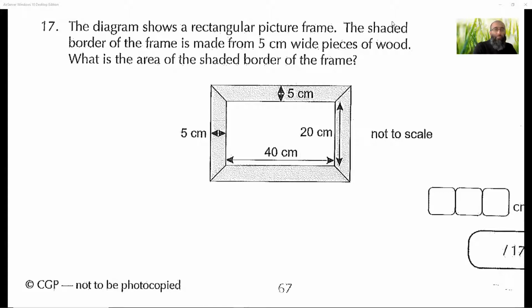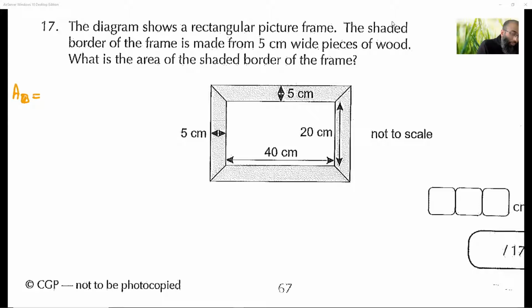Question number 17. The diagram shows a rectangular picture frame. The shaded border of the frame is made from 5 centimeter wide pieces of wood. What is the area of the shaded border of the frame? Lovely. So start us off with the idea, please. The inside of the frame would be 40 times 20.